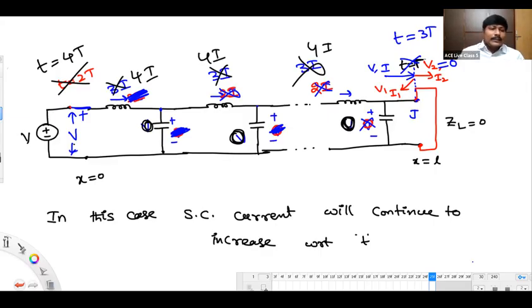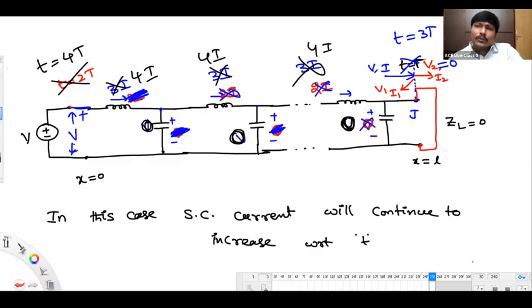First of all, this is a doubt people might have had many times from the start of this chapter: why are we doing this transient analysis, and what is the necessity of it? Why are we doing steady state analysis?